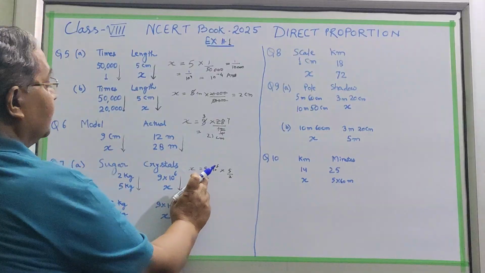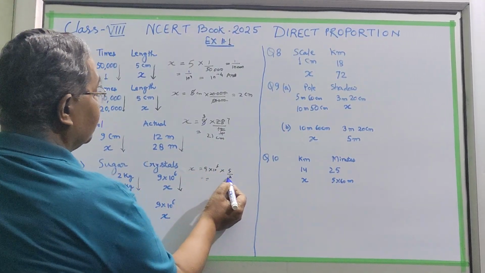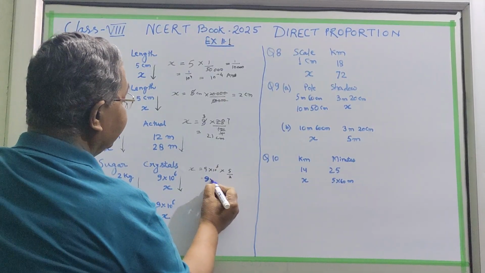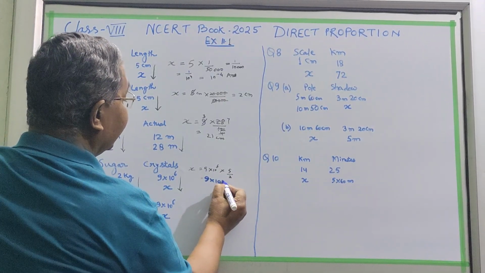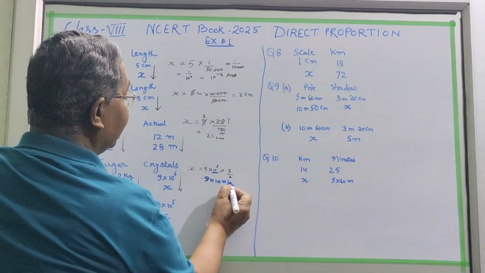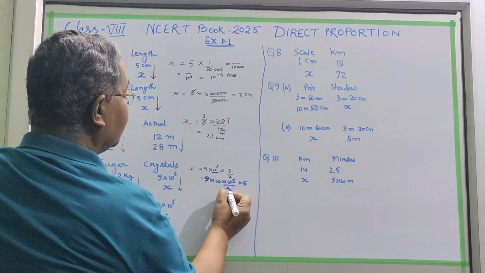So x equal to 9 into 10 to the power 6 into 5 by 2. As by 2 we can cut 10, what we will do, we will write 9 into 10 into, we are bifurcating this one, 10 to the power 5 into 5 upon 2.